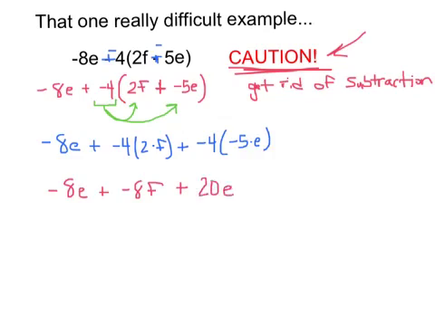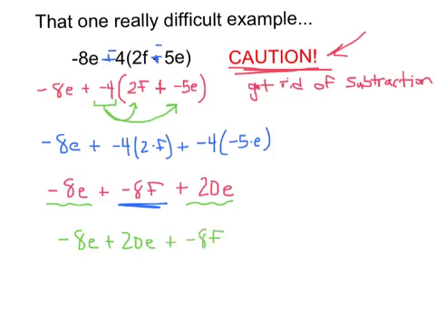Okay, now that I have all my multiplication out of the way, now I can look for like terms. I have a negative 8e and a 20e. Those are like terms, where negative 8f is all by itself. So if I reorganize these, I get negative 8e plus 20e plus negative 8f.